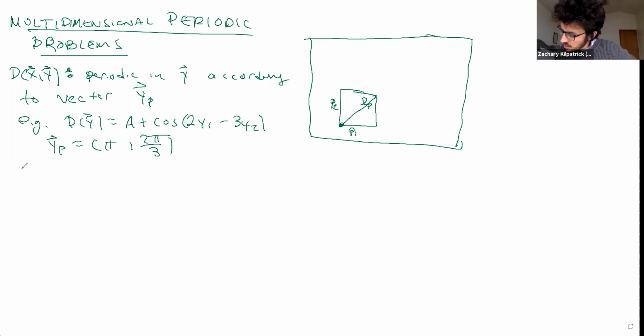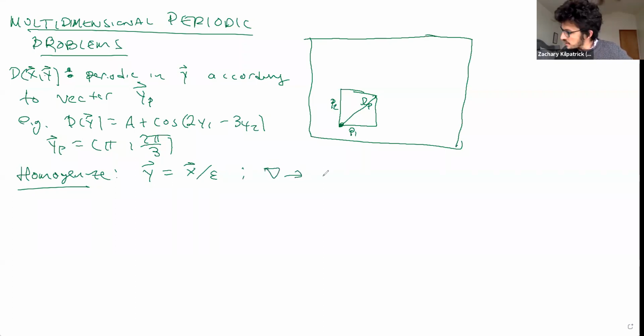So what we did to homogenize in this case was that we said, of course, y equals x over epsilon, and we converted our gradient to now a total gradient in x plus 1 over epsilon times the gradient with respect to y.